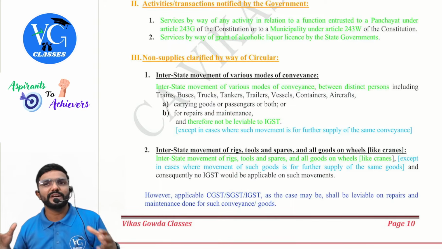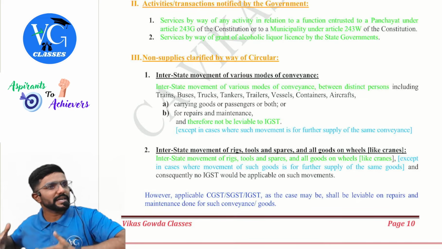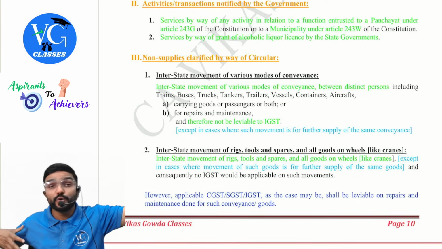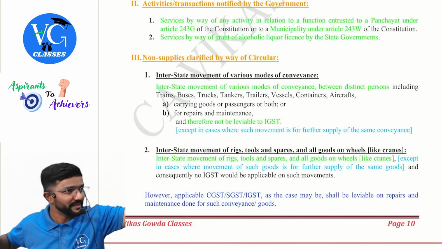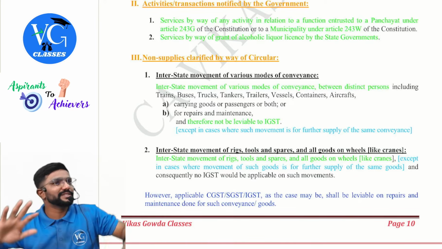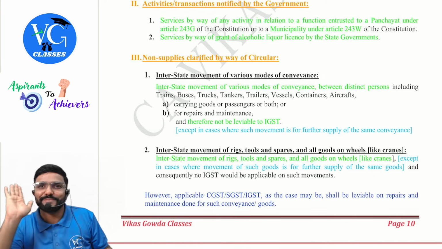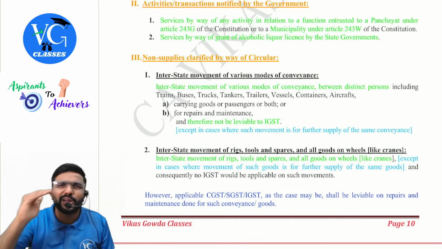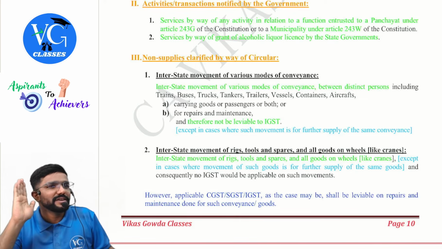Guys, assume we are sending the goods from Karnataka branch to Tamil Nadu branch through a truck. Goods are supplied even if it is without consideration because of distinct person. But is the truck also considered to be supplied? No, the truck is not supplied. Is that clear? Because goods are going along with the truck or lorry or any other vehicle.